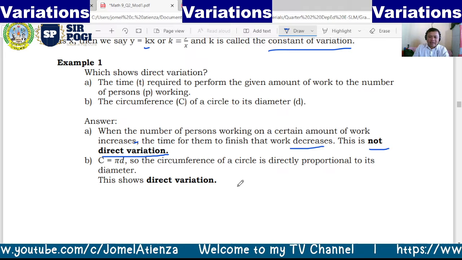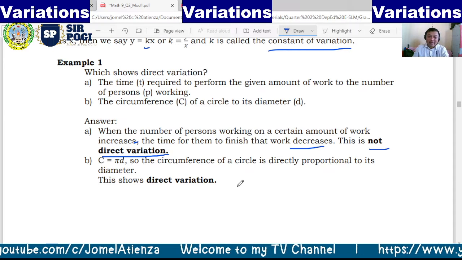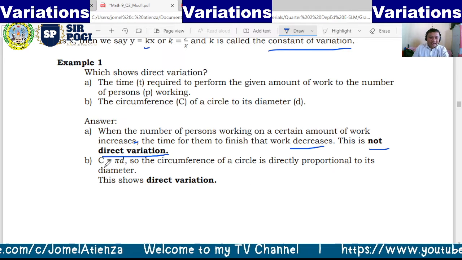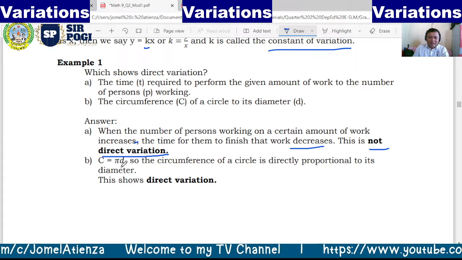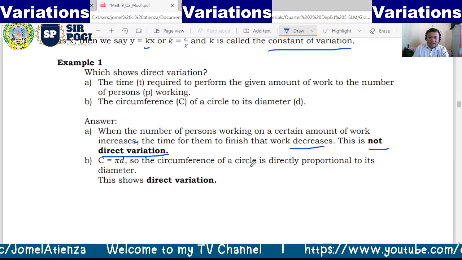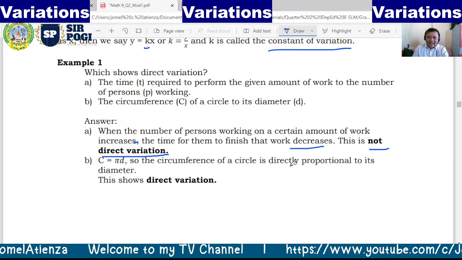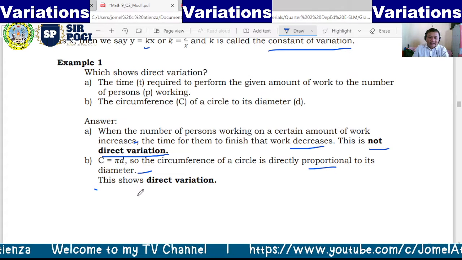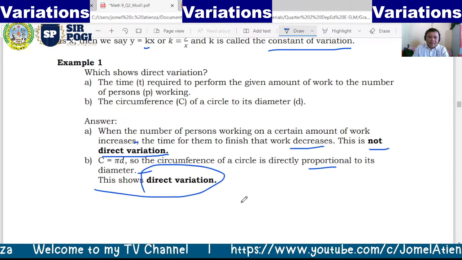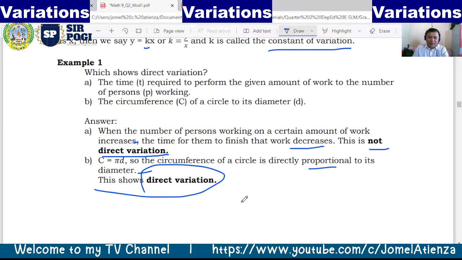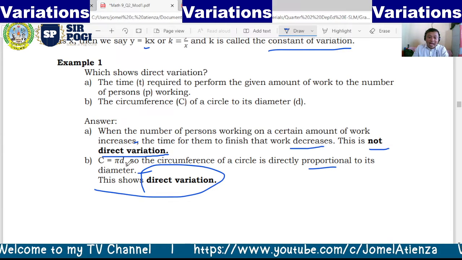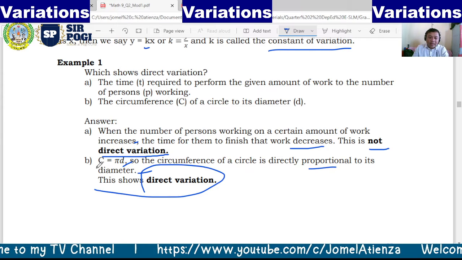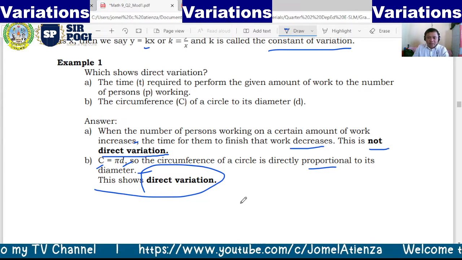That is what we call inverse variation. For B, C is equal to pi D. So the circumference of a circle is directly proportional to its diameter, and this shows direct variation, wherein kapag tumataas yung ating diameter, ibig sabihin tataas din yung circumference.